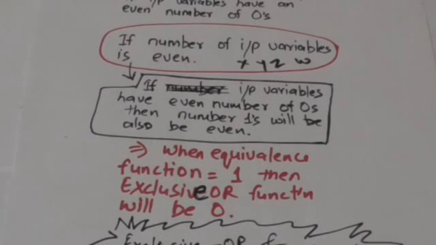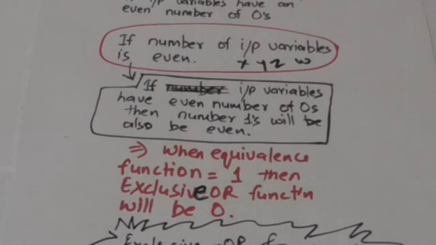Suppose the number of input variables is even, like there are 4 input variables x, y, z and w. Then if input variables have an even number of zeros, then the number of ones will also be even. Suppose x and y have value 0 and the value of z and w is 1. Then in this case the number of zeros is even and the number of ones is also even.